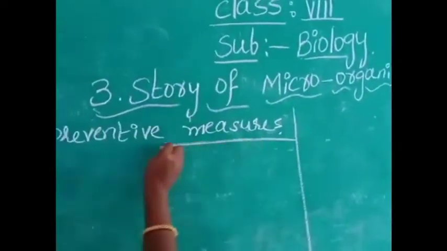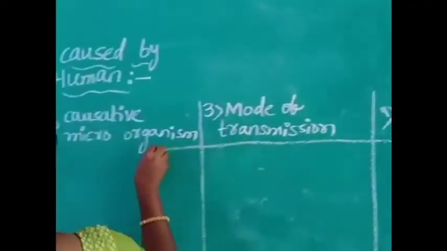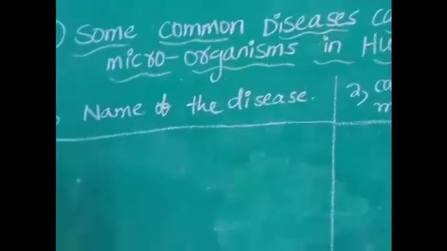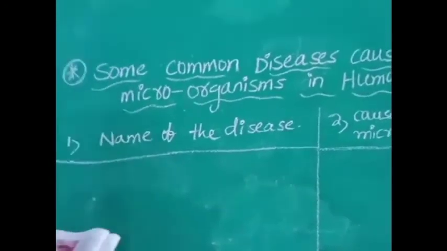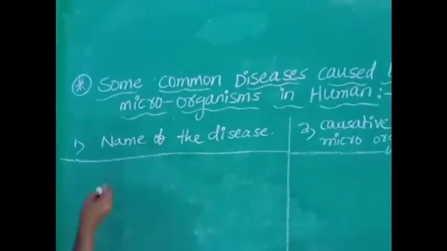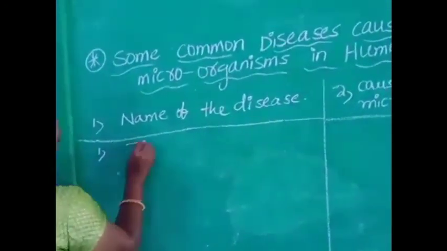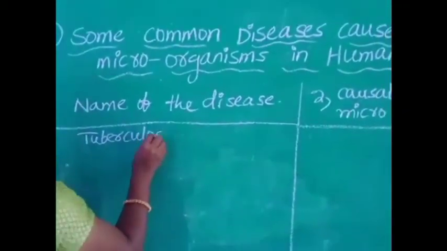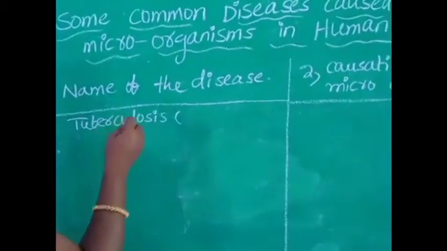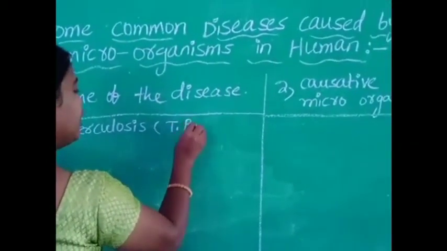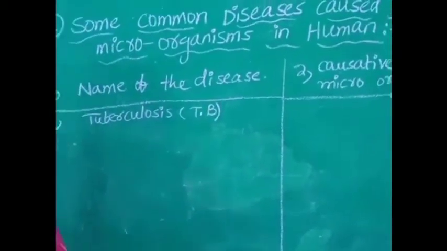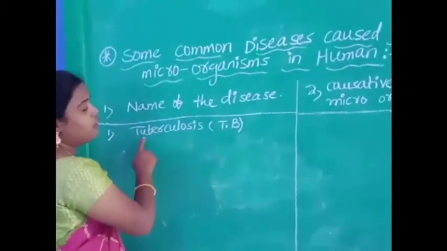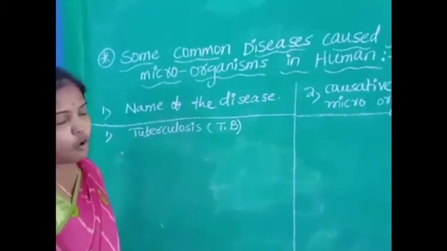So children, today we will discuss some common diseases caused by microorganisms in human beings. First disease, tuberculosis. What is the first disease? Tuberculosis. The short form is TB.